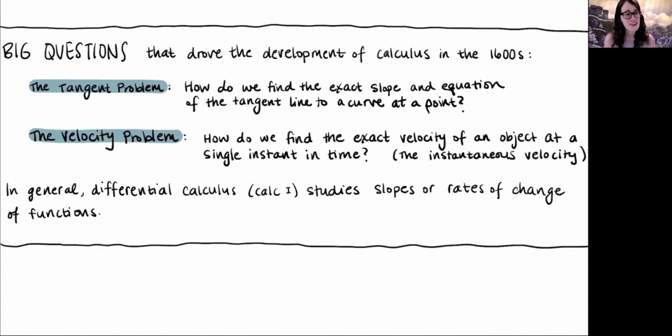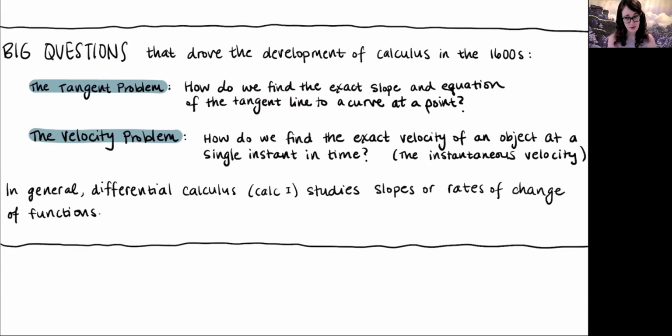The first is called the tangent problem, and that consists of this desire to figure out how we find the exact slope and equation of the tangent line to a curve at a single point. We'll review what a tangent line is, but the one characteristic of a tangent line is that it goes through a single point.